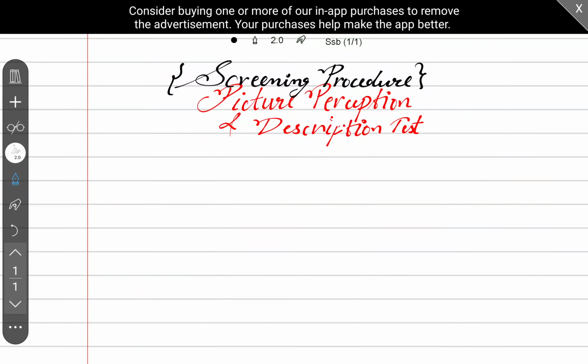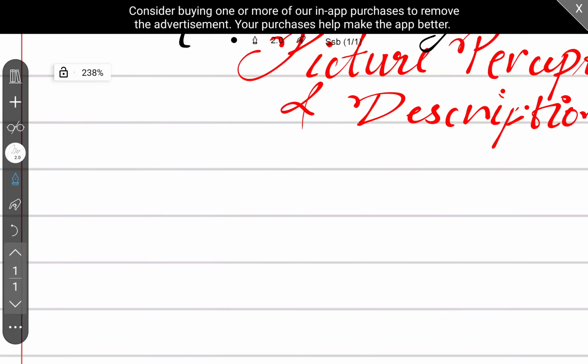Okay, now let's talk about what we have to write in the box. There is basically a box and we have to write in it. In the box we have to mention the characters.